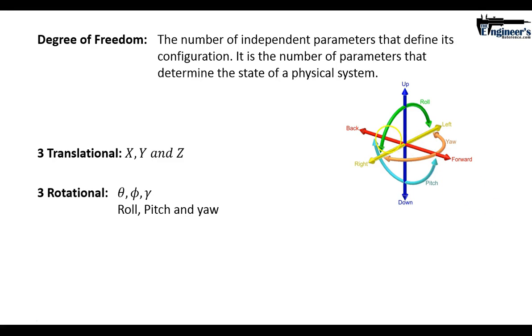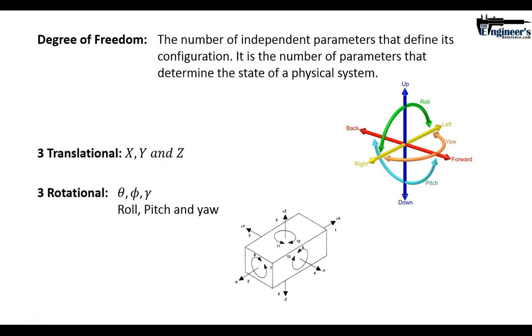These rotational ones are the yaw, rotating around one axis, the roll, rotating about another axis, and then the pitch, which is rotating about yet another axis. So 6 degrees of freedom for a rigid body.